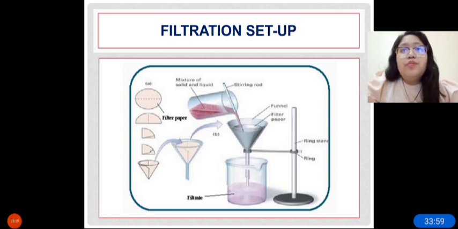As the mixture is poured, the liquid, now referred to as the filtrate, passes through the filter paper and collects in the vessel below, or the beaker. The solid particles, being too large to pass through the filter paper, are trapped, effectively separating them from the liquid.